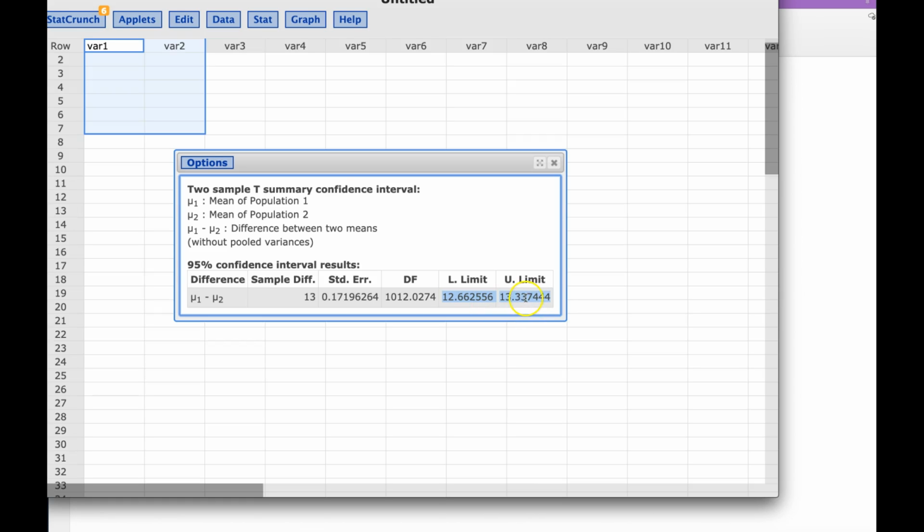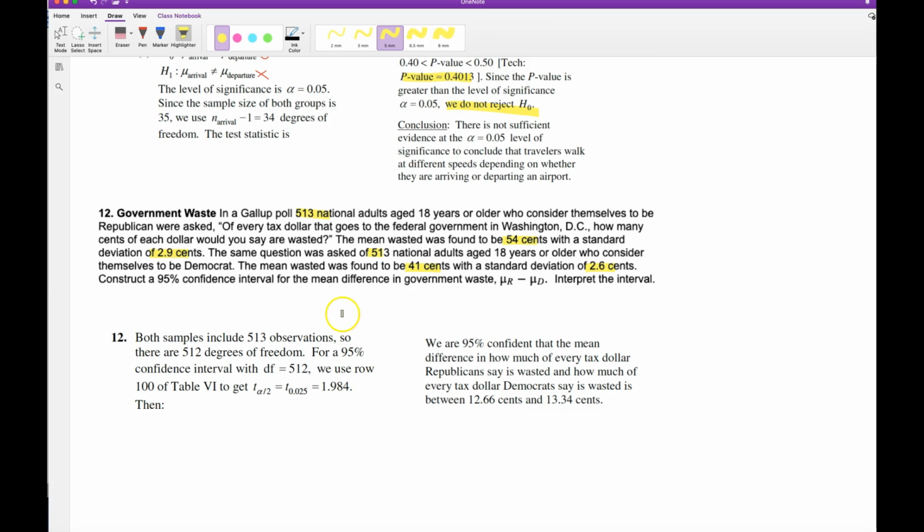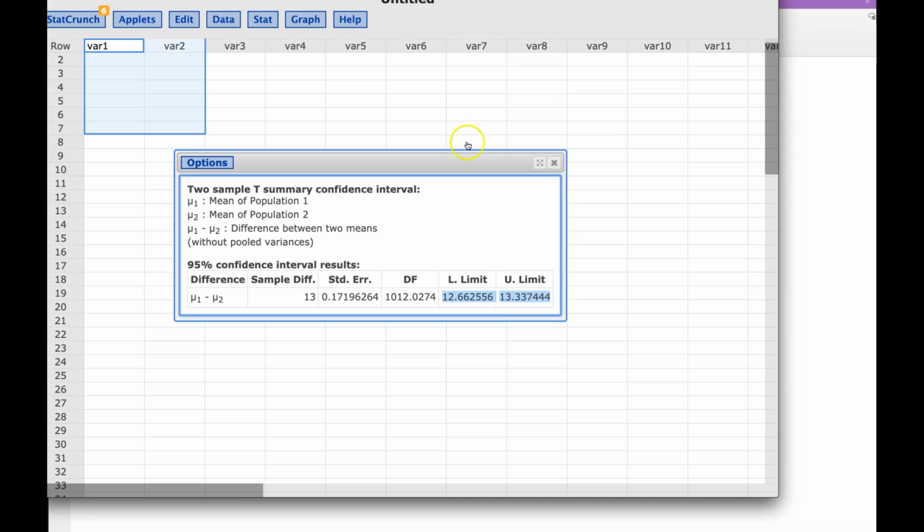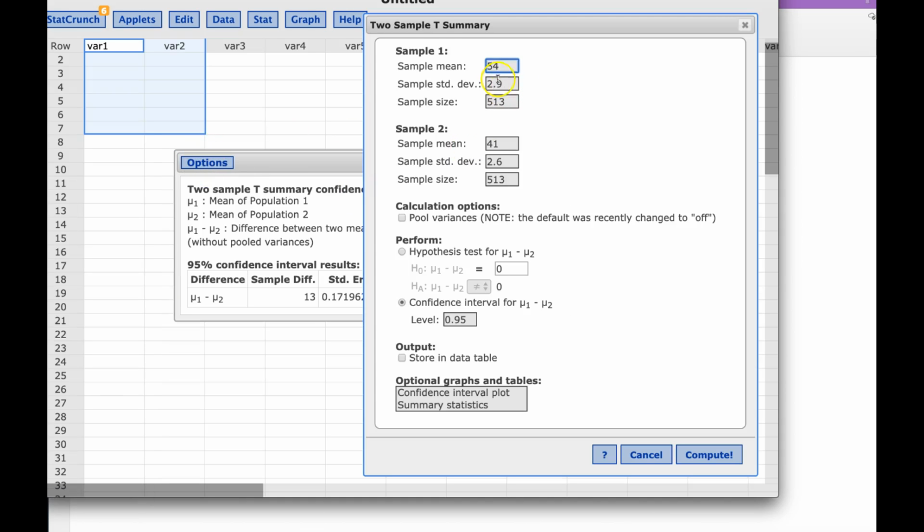Based off of that, we would say that we are 95% confident that there's a difference between them. If we were going to run a hypothesis test, we would be comparing, are they the same or are they different?